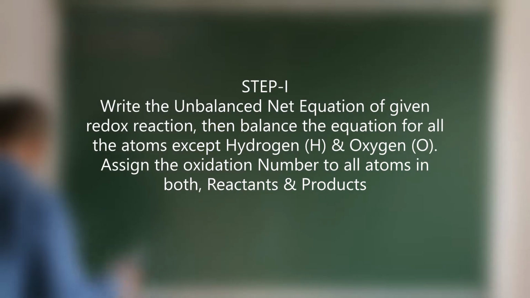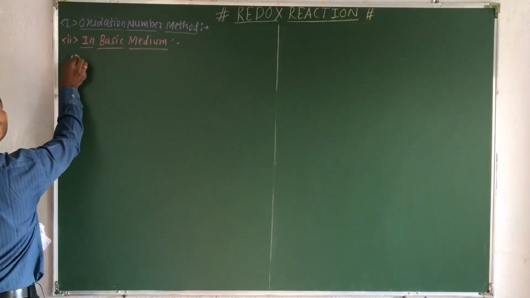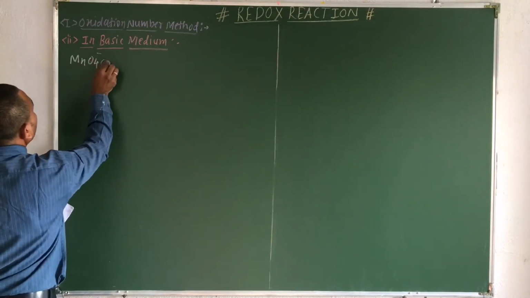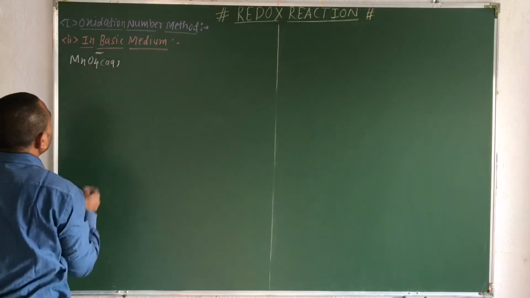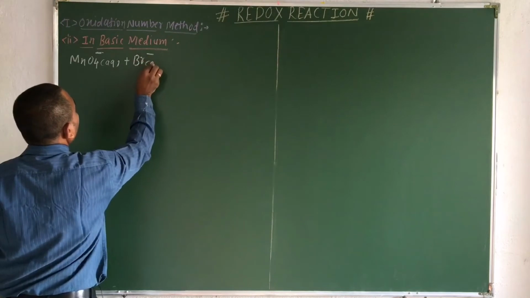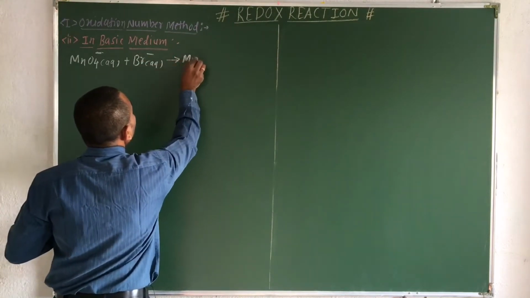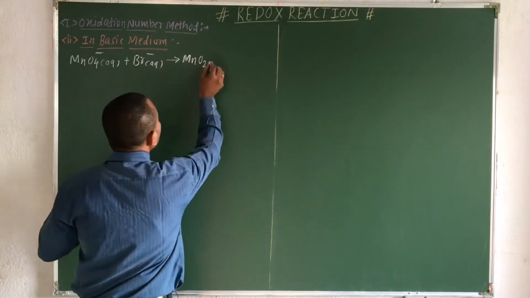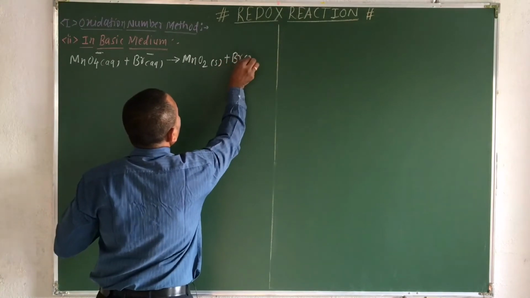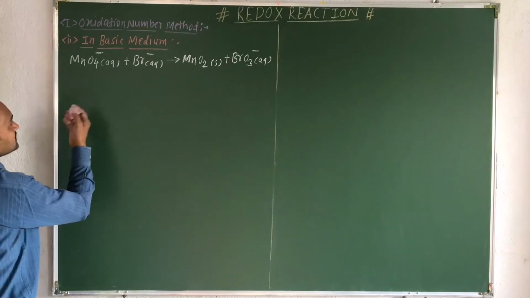Let us consider a simple example: MnO4 minus aqueous plus Br minus aqueous gives MnO2 solid plus BrO3 minus aqueous.